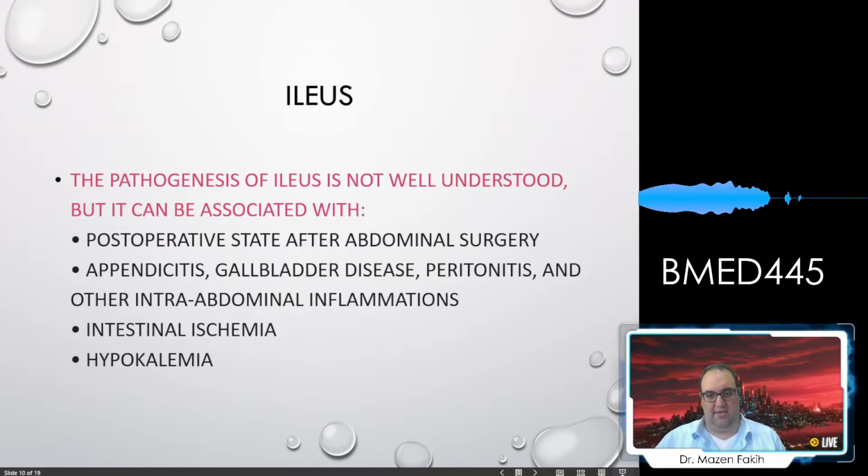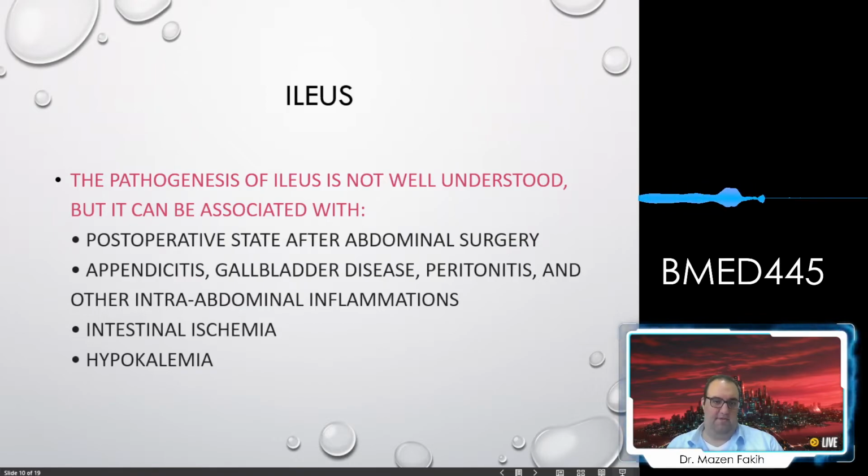Otherwise, if they eat, the food stays in place and it can cause an infection. So this is one of the reasons of ileus, the post-op one after abdominal surgery.